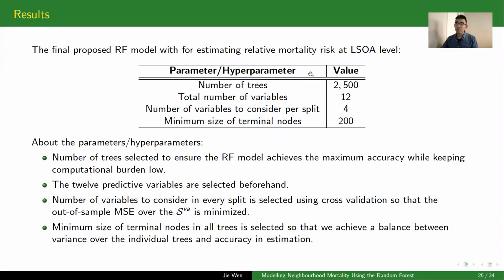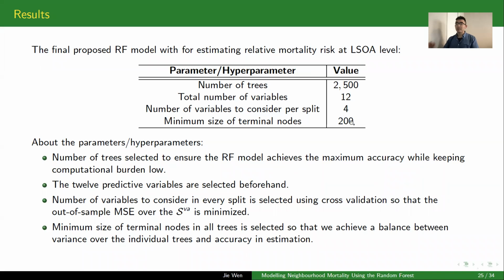First of all, I will show you what the final proposed random forest model looks like to estimate the relative mortality risk for RSOAs. Within this random forest model, we have 2,500 trees in total. As we said before, we have 12 predictive variables in total, but we only pick 4 out of 12 for every single split within every single tree.